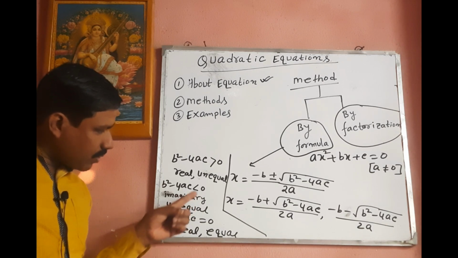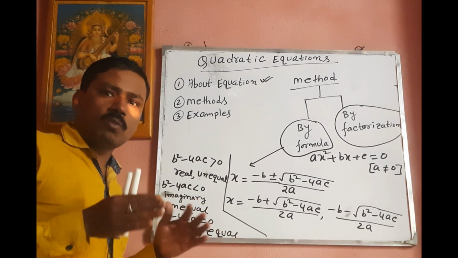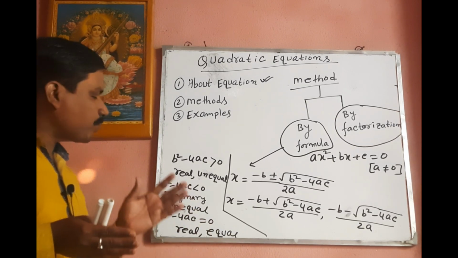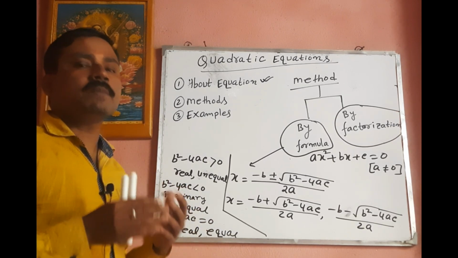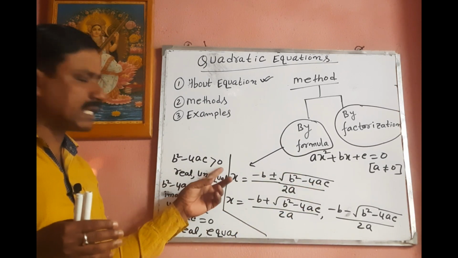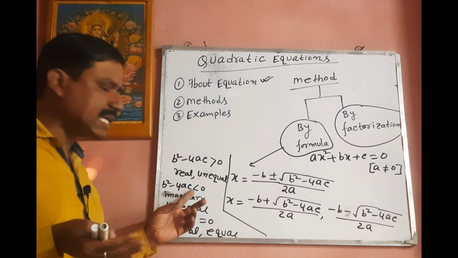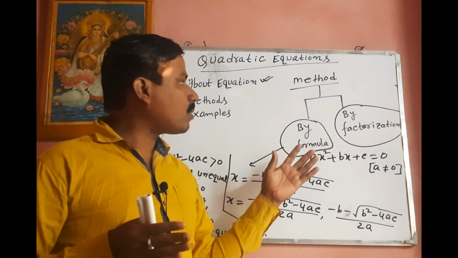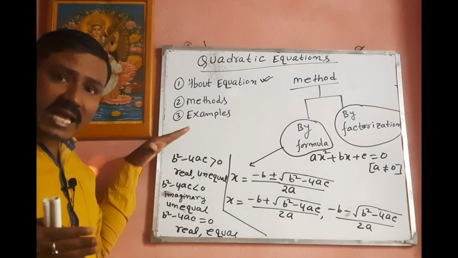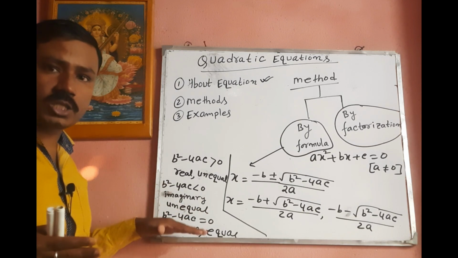For both unequal cases, we can find two unequal roots, which may be real or imaginary. So by using the formula, the roots are these two, and the nature of the roots depends on the discriminant.